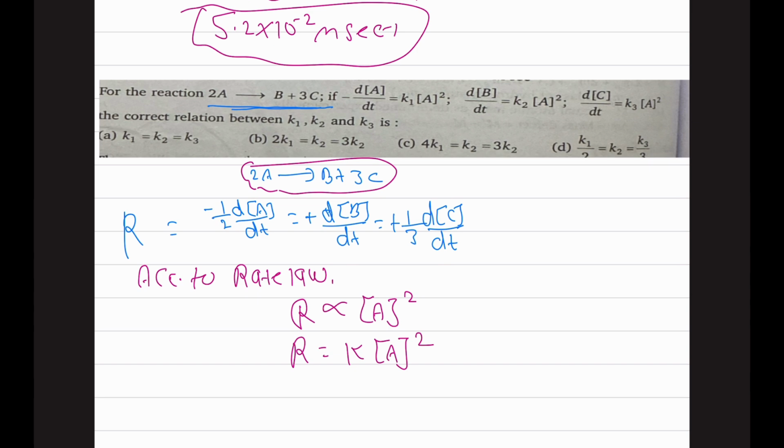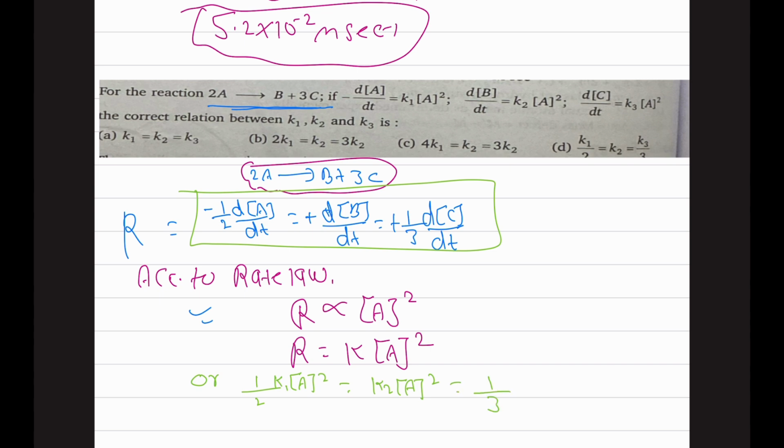On the basis of the rate law we can write in this form also: 1 by 2 k1 [A] squared equals k2 [A] squared equals 1 by 3 k3 [A] squared.